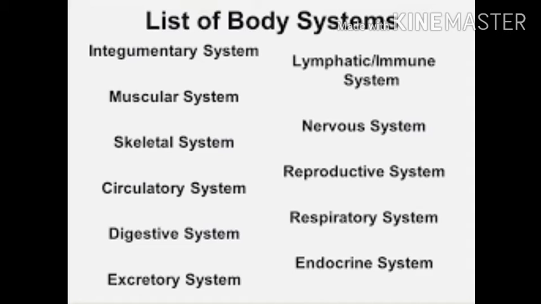In our body, we have 11 systems. They are integumentary system, muscular system, skeletal system, circulatory system, digestive system, excretory system, lymphatic or immune system, nervous system, reproductive system, respiratory system and endocrine system. Let me discuss this topic in further videos.